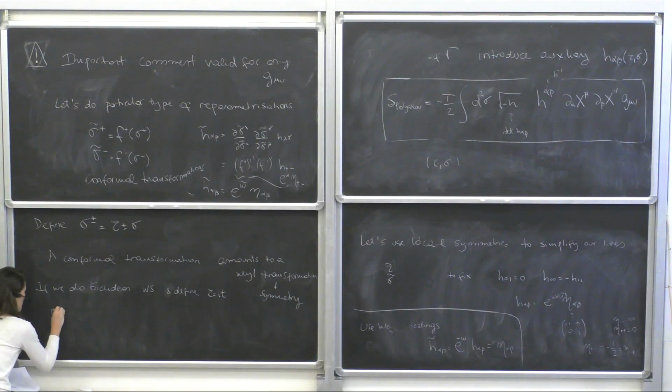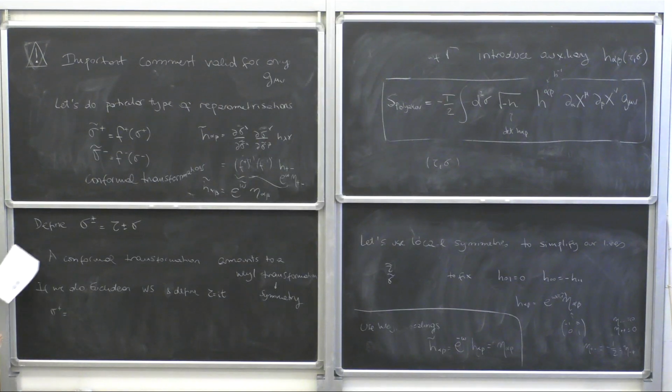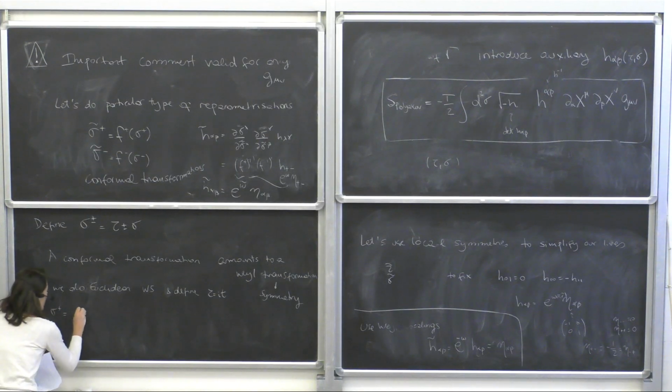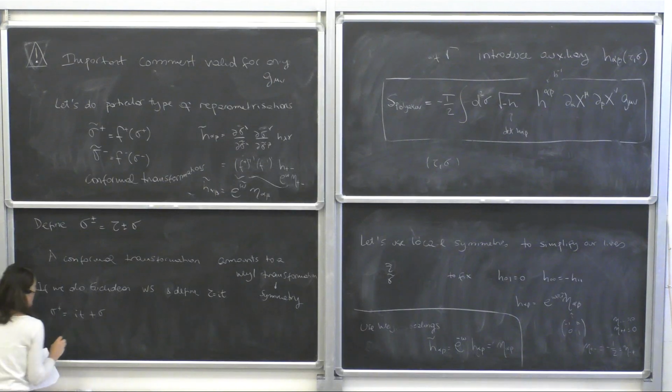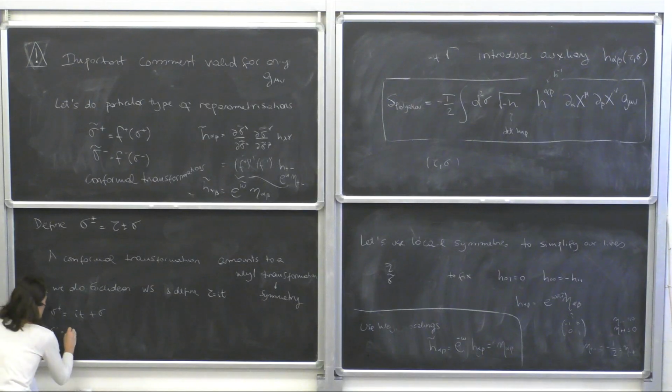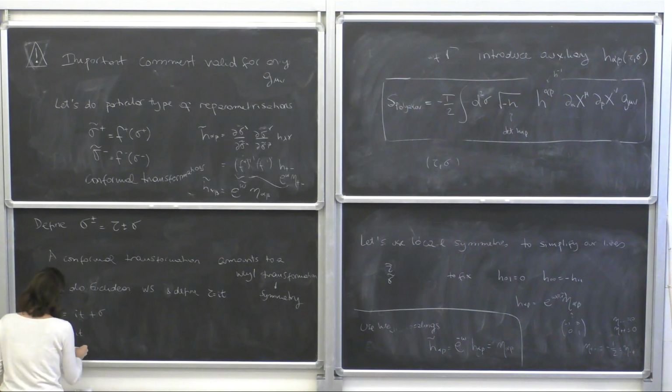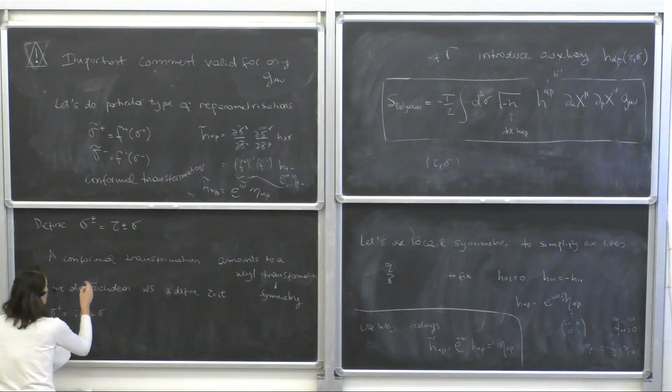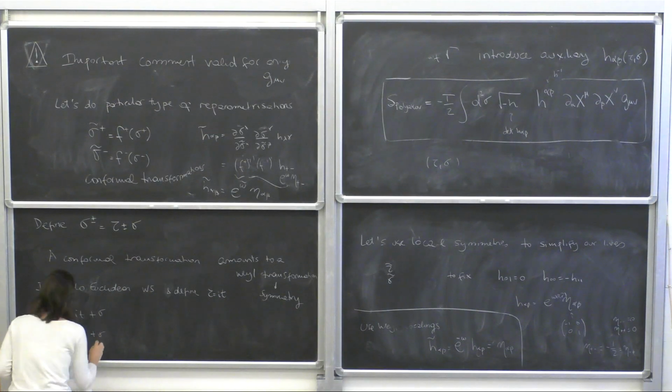Then sigma plus is tau plus sigma, so iT plus sigma, and sigma minus is minus iT plus sigma.